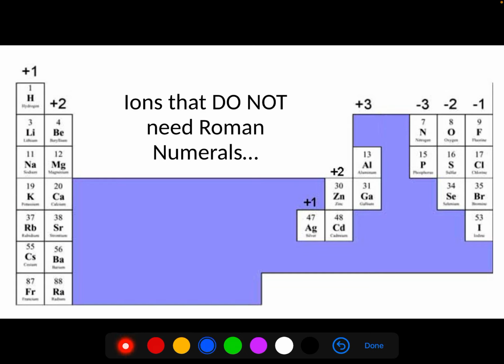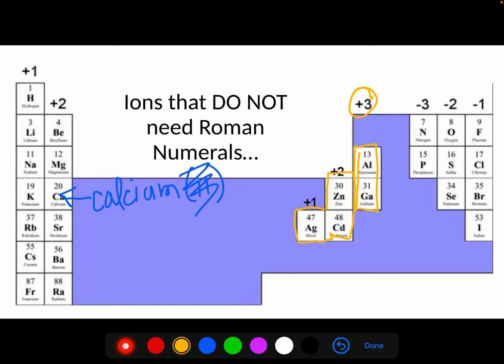So, for example, the name of this one is calcium. We don't call it calcium 2. We just call it calcium. And then I told you about these other three exceptions here: cadmium, silver, and zinc. And then in this positive 3 charge area, aluminum and gallium also do not need Roman numerals.